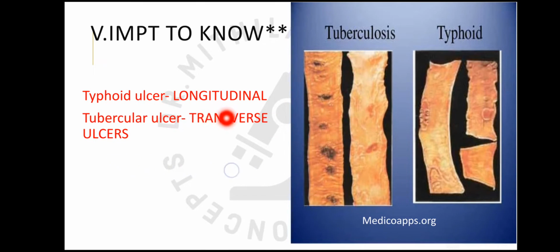The ulcer of typhoid is longitudinal, so it is along the axis of the intestine, while tubercular ulcers are transverse ulcers. So you can remember that there is a C in tuberculosis, and C corresponds to a transverse arrangement of the ulcer. So these are transverse ulcers in tuberculosis, and typhoid has long, longitudinal ulcers.